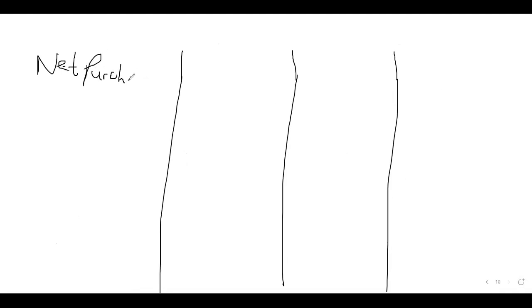So these are what we call net purchases, where we record here. Then from here, you can now say total stock. You add here, you're going to have this figure here.